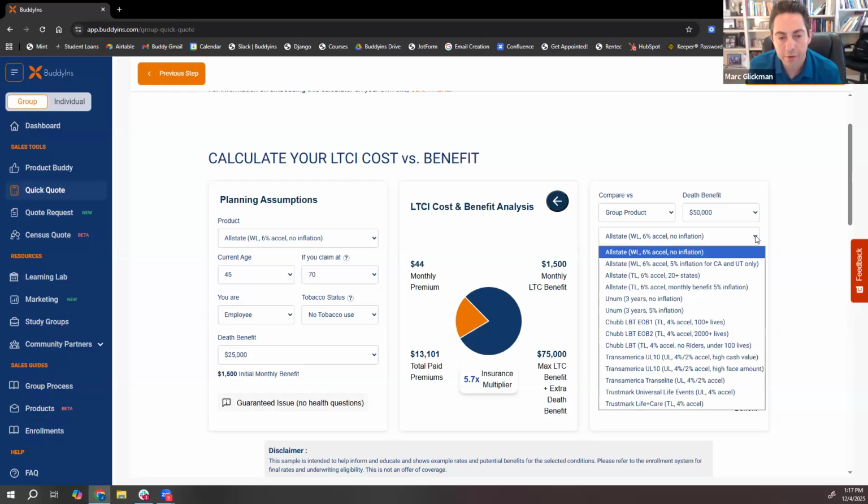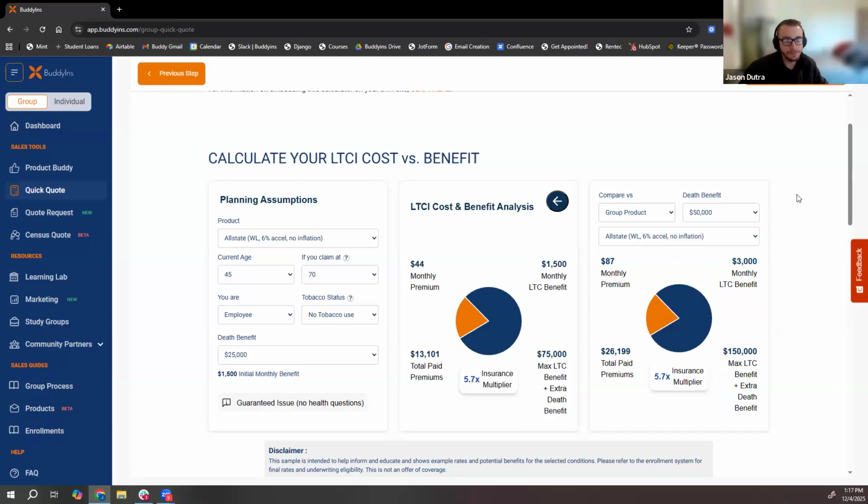This is kind of the version of how we think about the value proposition of long-term care with the insurance multiplier. It doesn't mean that every group is buying long-term care for this reason, though. What we see a lot with these group products is people have no coverage at all. And the ability to get even an acceleration with guaranteed issue at a low price can be quite valuable to them.